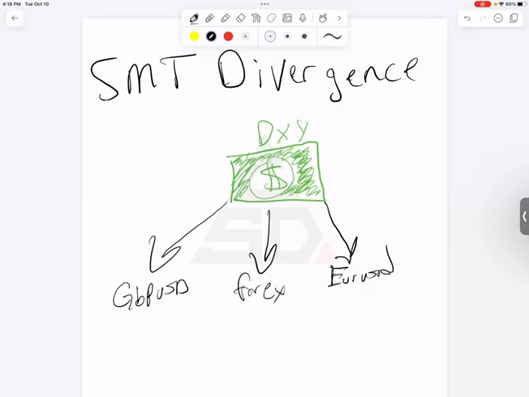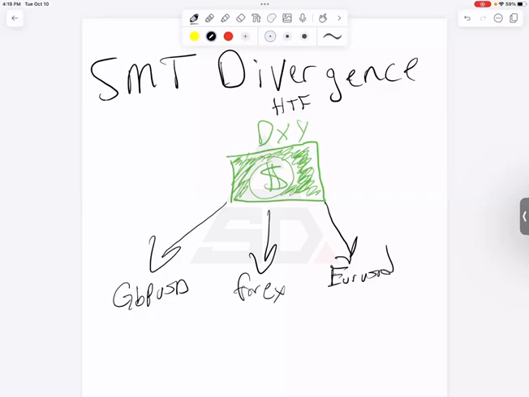So the thing is, when you understand what DXY is doing on a higher time frame, you will be able to have a full understanding of what all other pairs correlating to it are doing. Not necessarily a full understanding, but you have a great idea. You can gain a strong higher time frame bias on what your forex pair is actually doing.